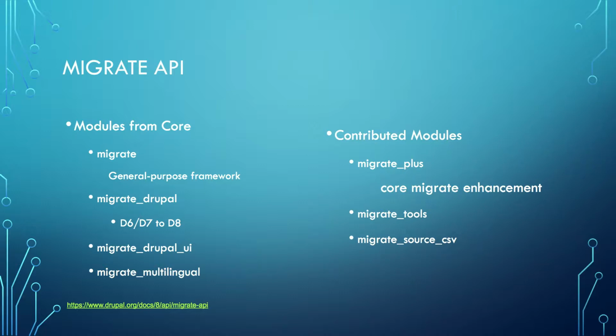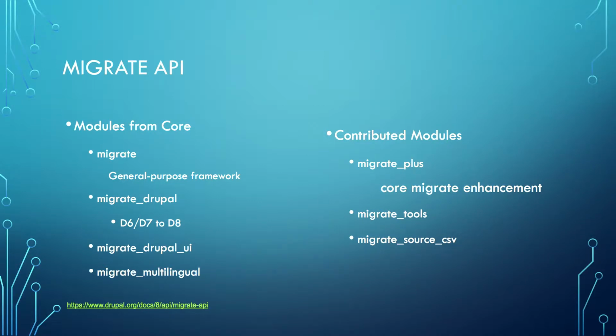Then there's also Migrate Drupal. This is for when you're migrating Drupal 6 or 7 to 8. It has a lot of features: you can grab the fields directly from the D6 database and dump them into D8. They provide a lot of tools.